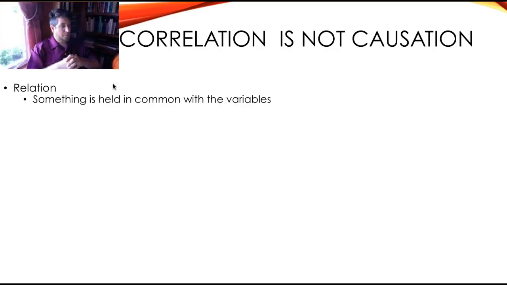Also, you should be aware that you could have more than two variables in the hypothesis. You can have another kind of variable that's called a mediating variable. This variable is kind of in between the independent variable and the dependent variable.